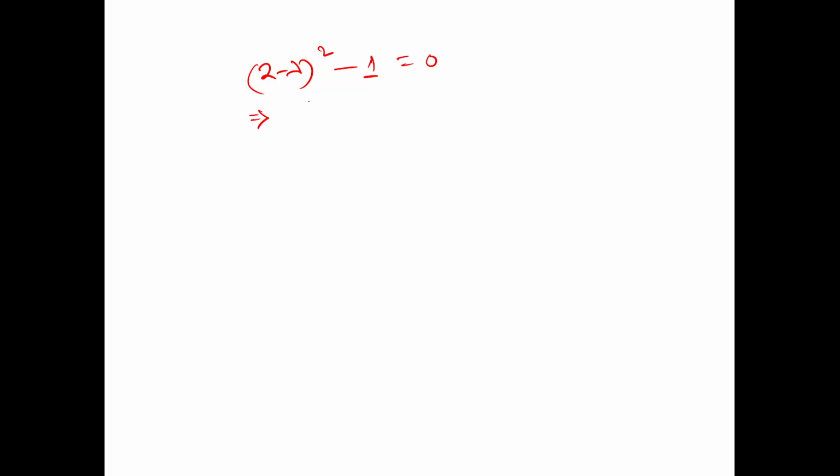So you expand it: 4 minus 4 lambda plus lambda square minus 1 equal to 0, right? So you have lambda square minus 4 lambda plus 3 equal to 0.